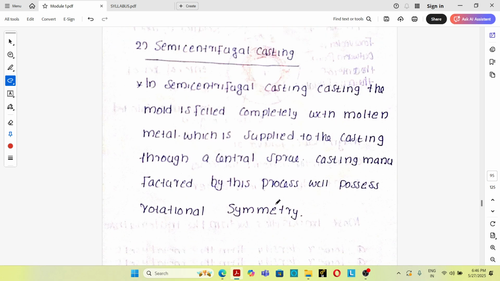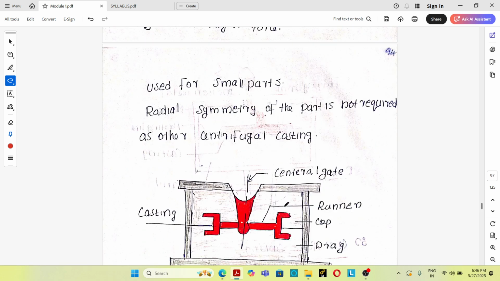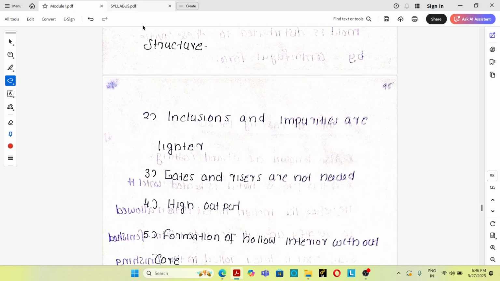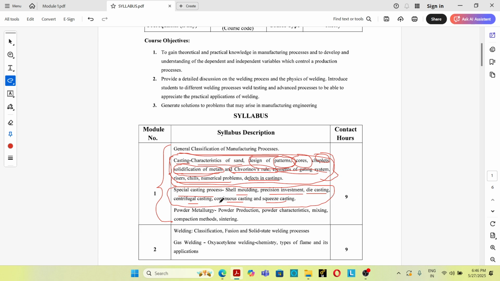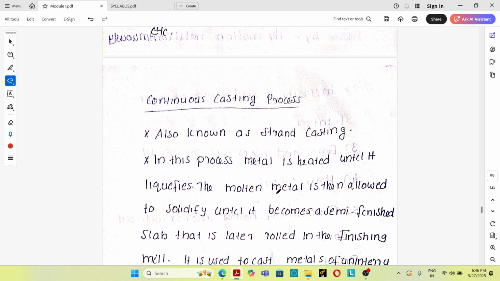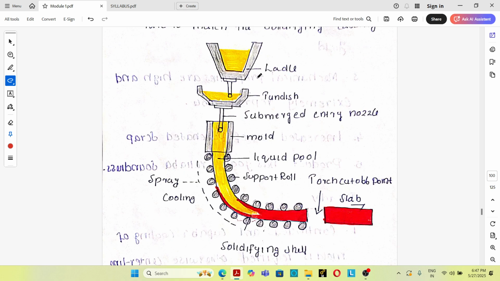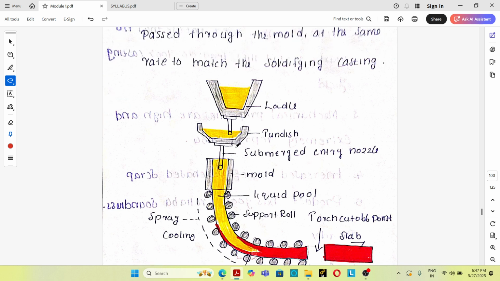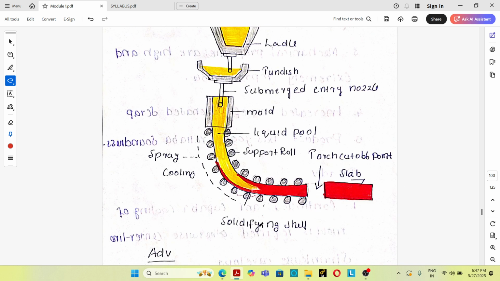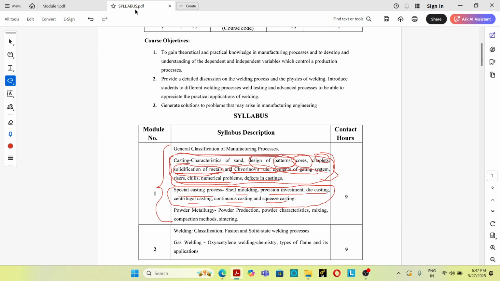And after that, continuous casting process. This continuous casting process is very important. It has wide industrial application. For making TMT bars, first a billet is formed by continuous casting process. This is a figure of continuous casting process.